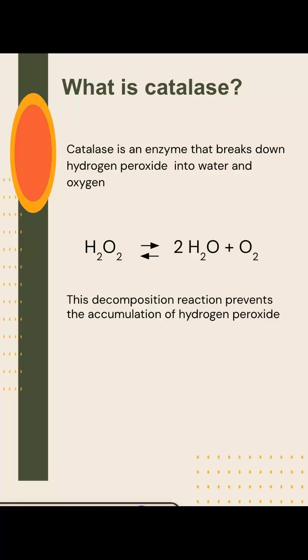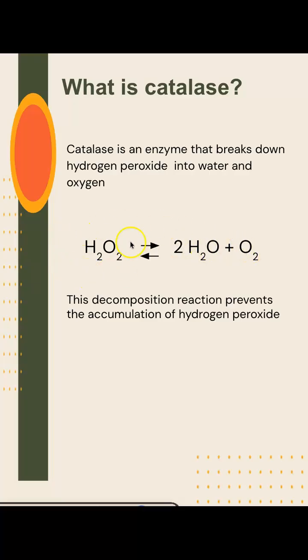If we did not have this enzyme, we would have a lot more damage to our cells. So catalase is vital for our body as well as other living organisms to be able to defend against oxidative stress.